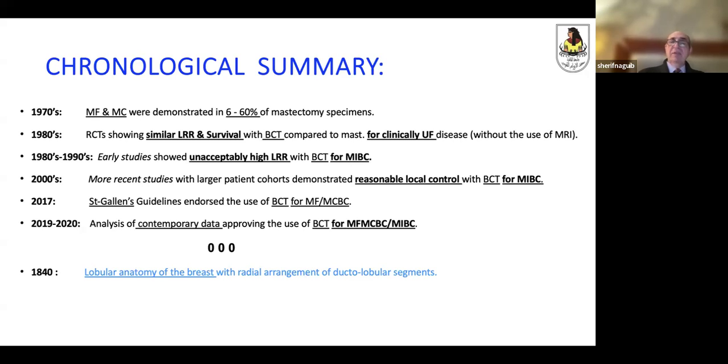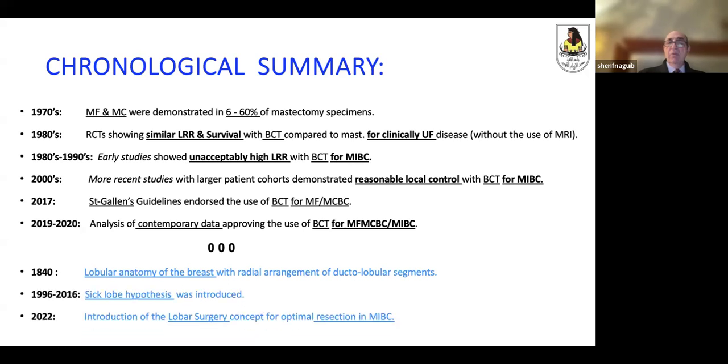Now, an interesting aspect is the sick lobe hypothesis and the lobar surgery for multicentric breast cancer, which appeared with the lobular anatomy of the breast that was presented by Sir Astley Cooper in 1840, and which led to the sick lobe hypothesis in the late 90s and the beginning of the 2000s.